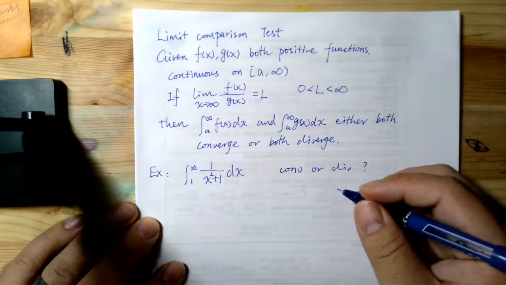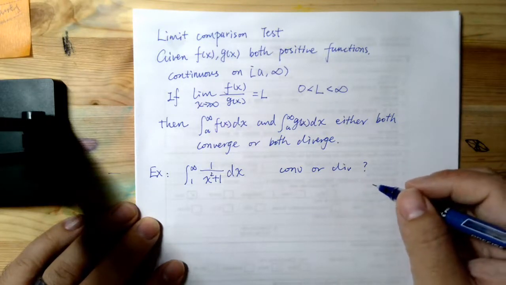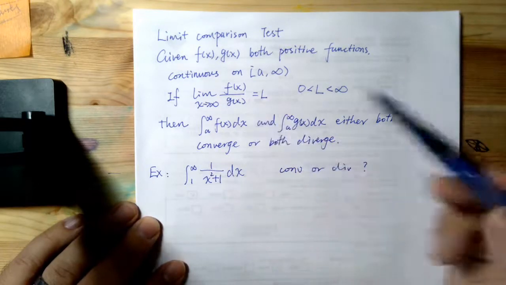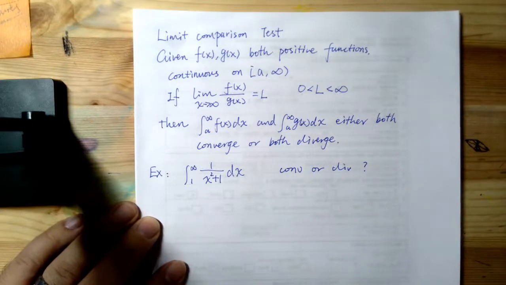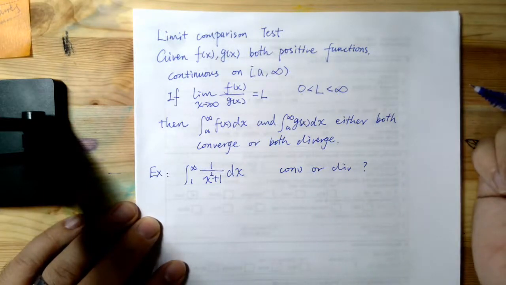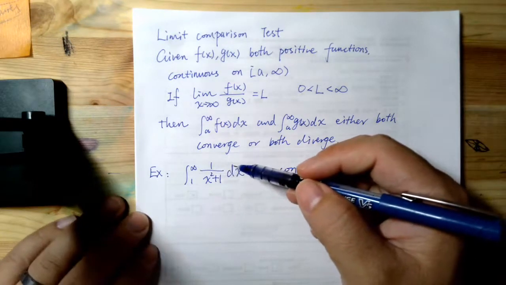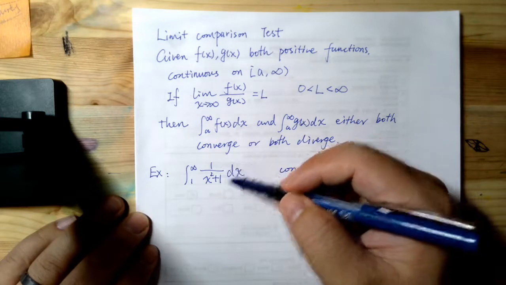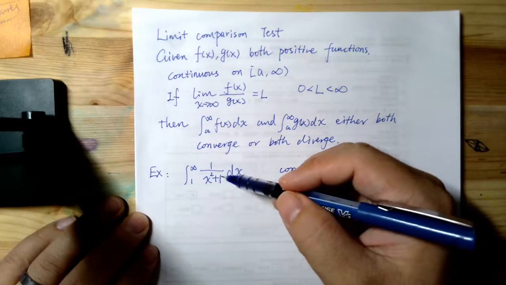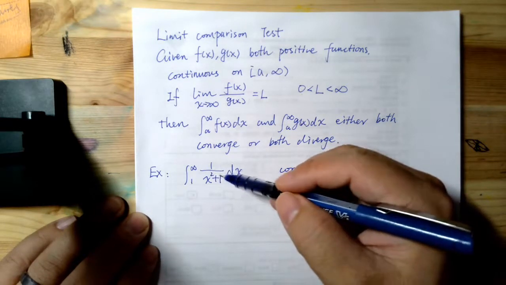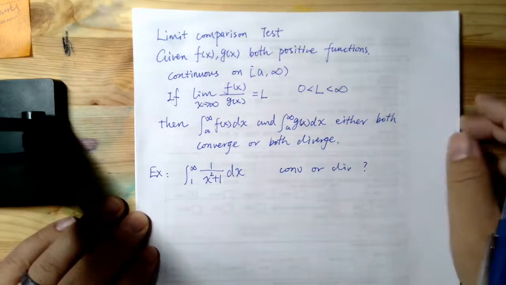To apply the limit comparison test, this is the function we have, and notice that we also need to find another function. The rule to find the other function is, based on what you have, to think about whether there are some similar functions that are less complex compared to the given function.